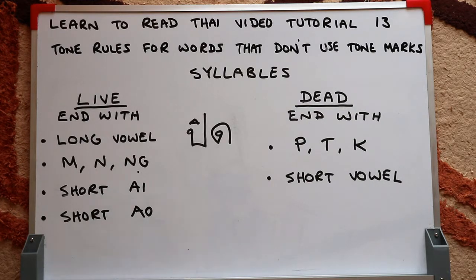Bit with a low tone. And if I try to continue voicing that one, bit, I can't. As soon as I say it, the sound stops and I can't continue anymore. I'm not an expert in phonetics, but I understand this is called a glottal stop. So you say the word, and then the air is obstructed in the throat, in the glottis, and if no more air comes out, there's no more sound. So that's a short explanation of live and dead syllables.